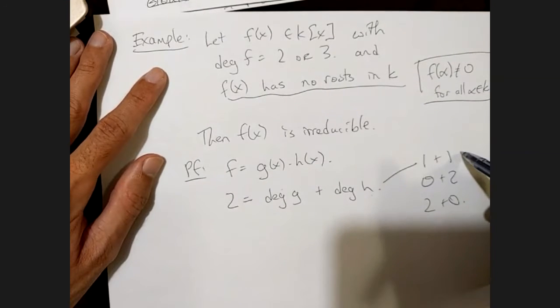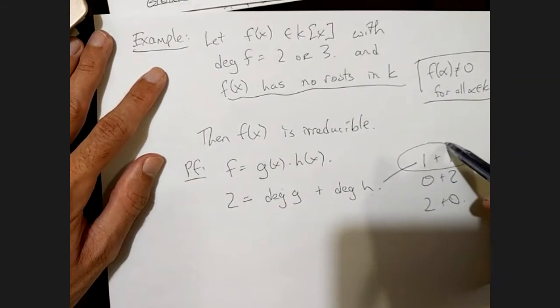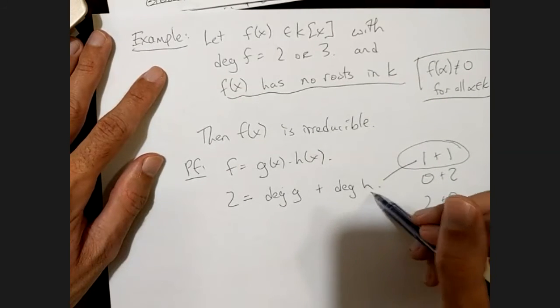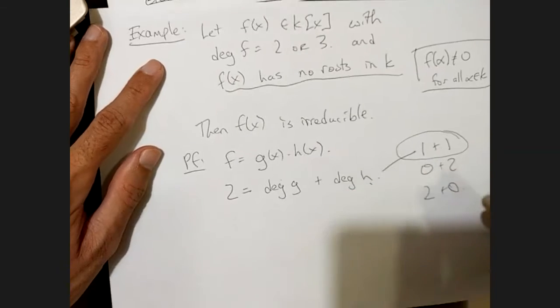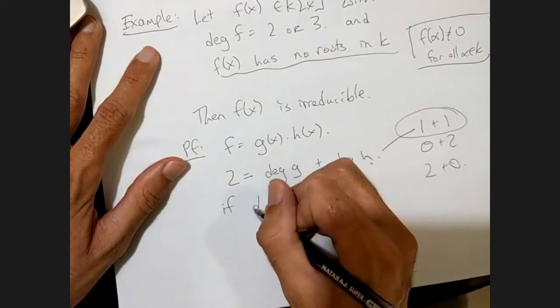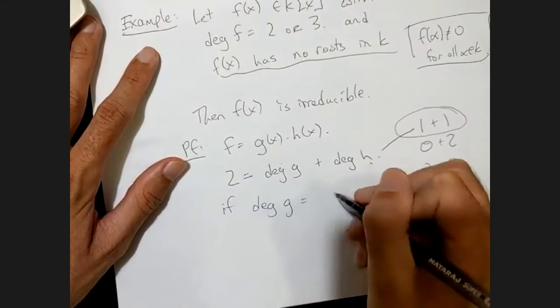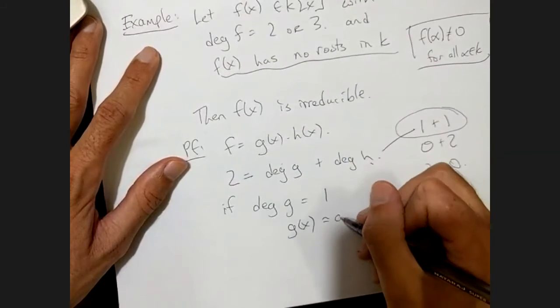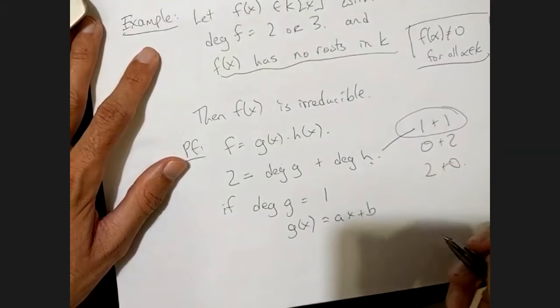The only non-trivial thing that might happen is when the degree of g and the degree of h are both 1, but if the degrees of g and h are both 1, those both have roots. So if the degree of g equals 1, then g of x just looks like ax plus b.